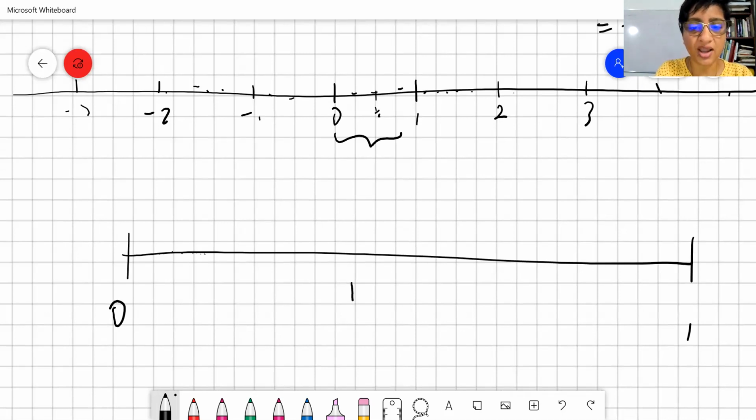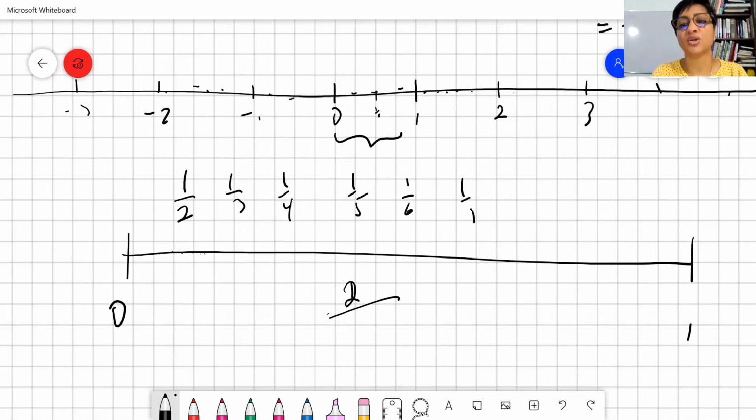Because think about it, if I go in order, you have half, you have thirds, you have quarters, you have fifths, sixths, sevenths, eighths, ninths. Is there an ending to this? You have tenths, elevenths, twelfths, and you have hundredths, thousandths, millionths. Do you see that there is no end to this?